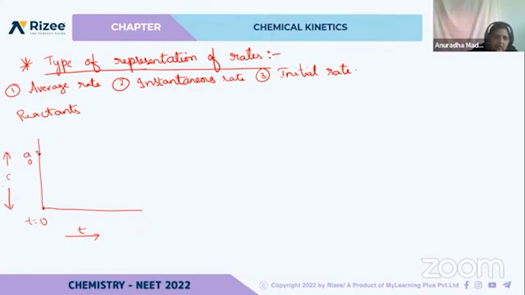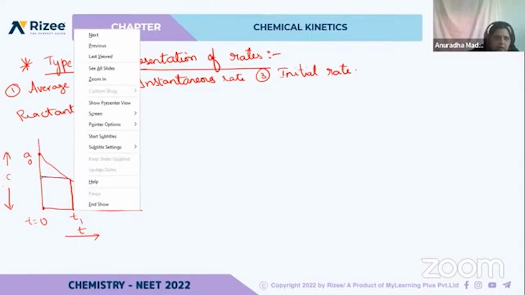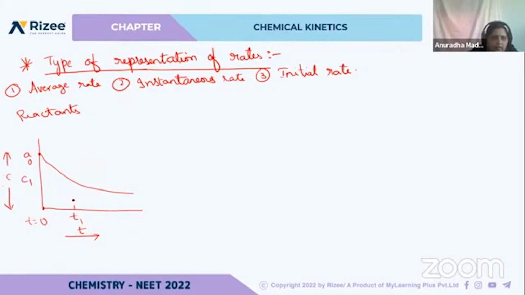The concentration of reactants is going to decrease as time goes on. At the starting, time is 0 and concentration is A0. Then after some time, let's take it as T1, the concentration will be C1.